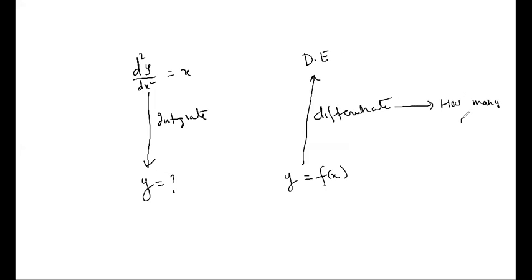How many times should I differentiate? How will I come to know that? You have to find out how many arbitrary constants are there in the solution. Then differentiate as many times. Suppose there are 3 arbitrary constants, you have to differentiate y 3 times. Is that clear?